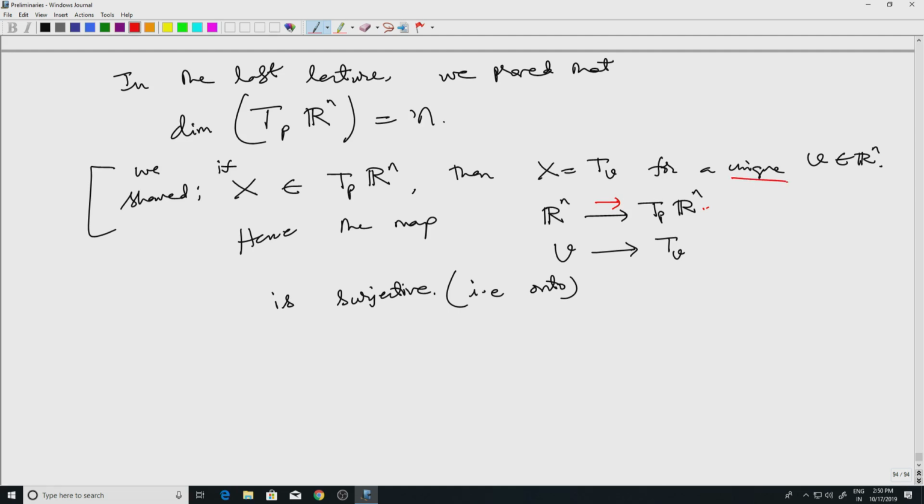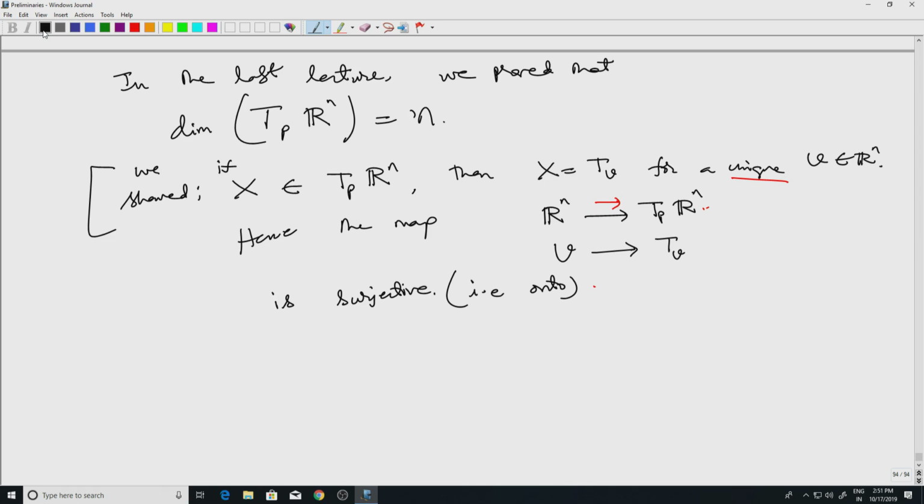That follows from the uniqueness of this. So two different vectors cannot go to the same derivation. Because we have seen that if TV equals TW, then V has to be equal to W.